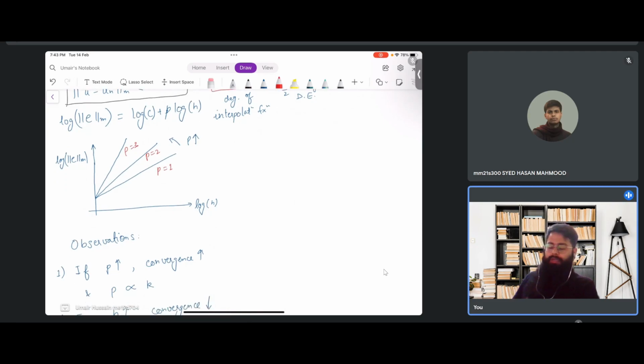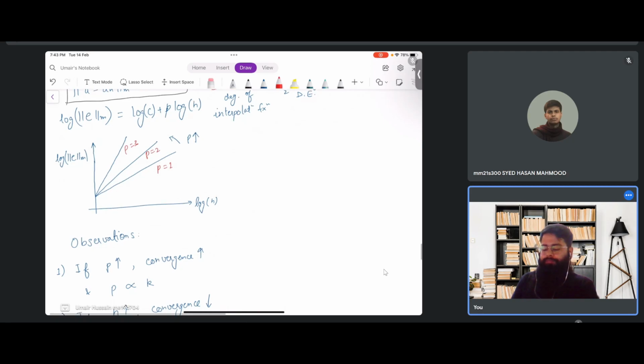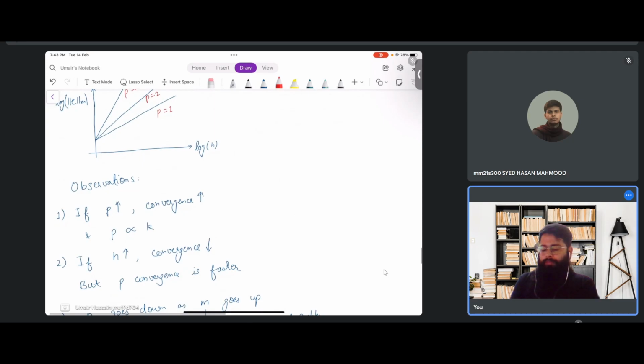So that was discussed earlier also. And as we reduce h, or better to say reduce the element size, we get faster convergence.